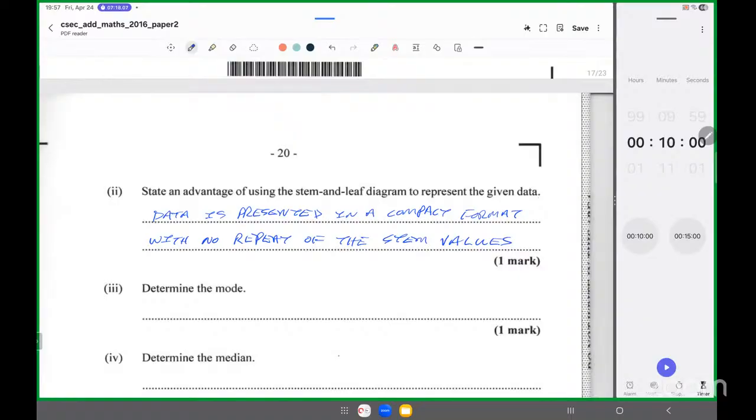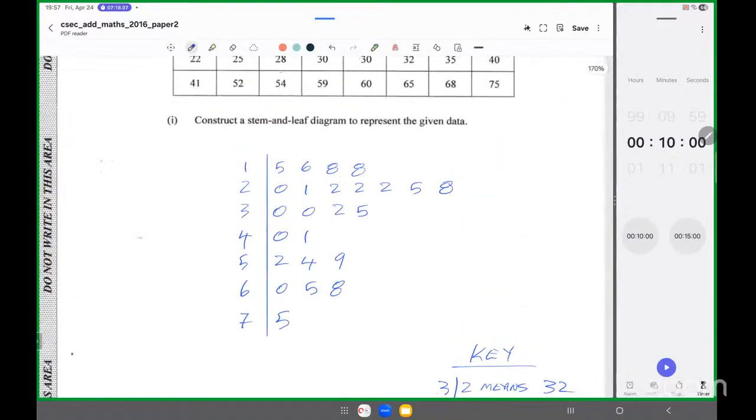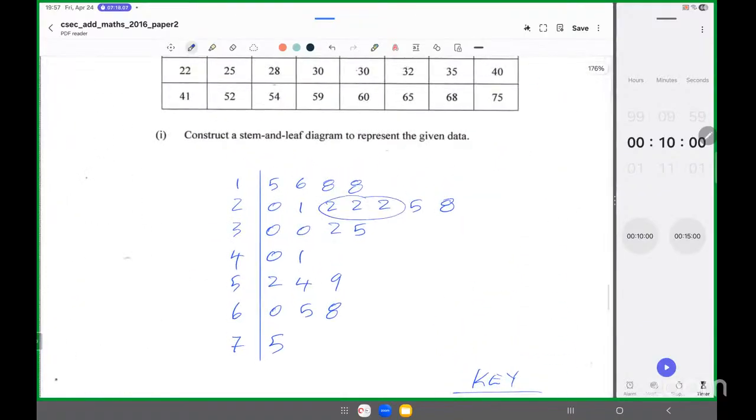That's it. Then I want the mode. The mode is the most frequently occurring value. See there, that's 22.